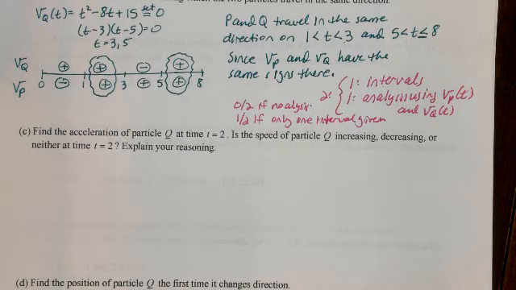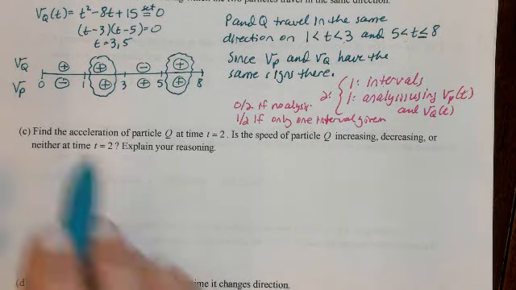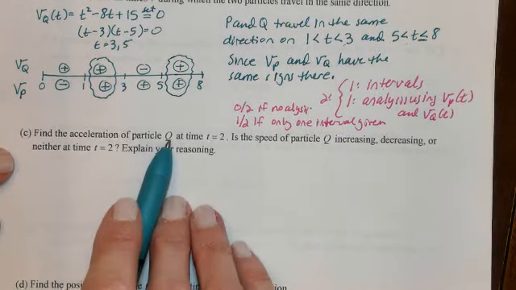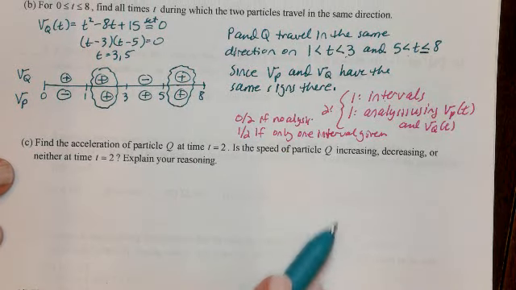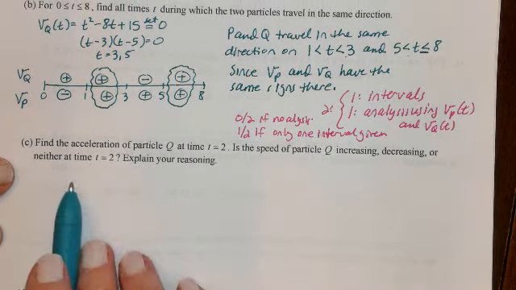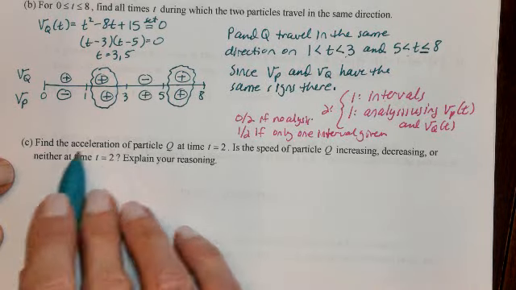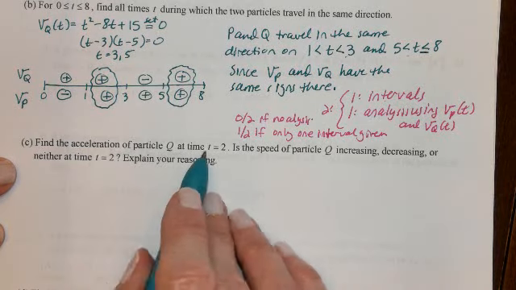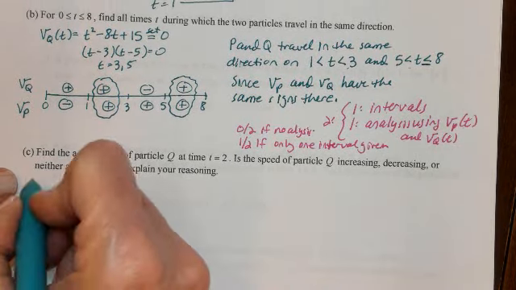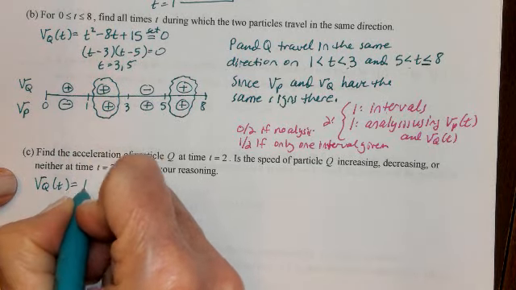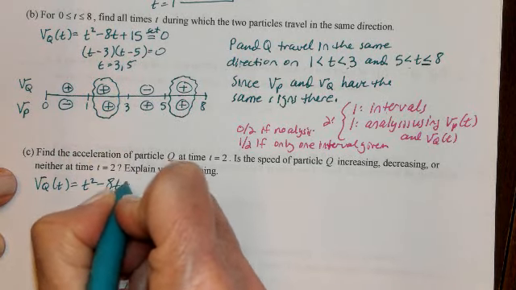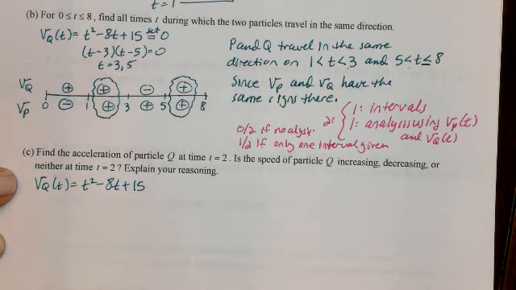All right. Part C. Find the acceleration of particle q at time 2. And then, is the speed of particle q increasing, decreasing, or neither at time 2? So first let's find the acceleration of q at time 2. The velocity of q we were given. That's the velocity of q.